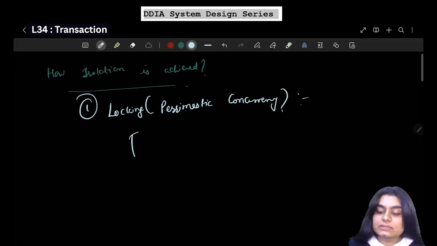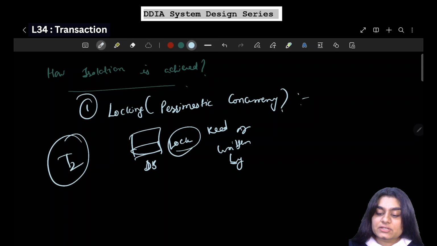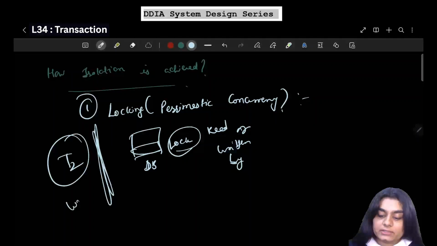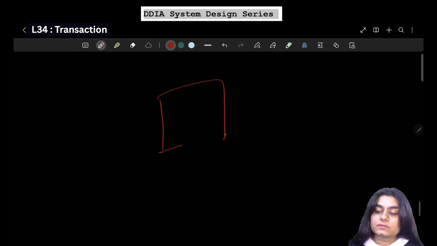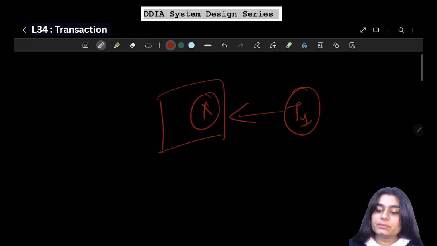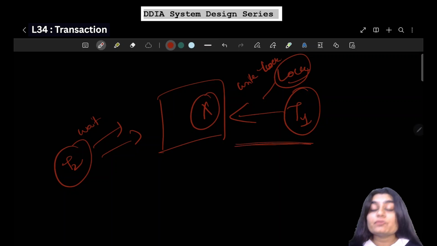In this, the database may lock the data that is being read or written by a transaction so that other transactions either wait or are prevented from making conflicting changes. For example, suppose T1 is writing to X, it will use a write lock so that T2 must wait to read or write until T1 is finished.